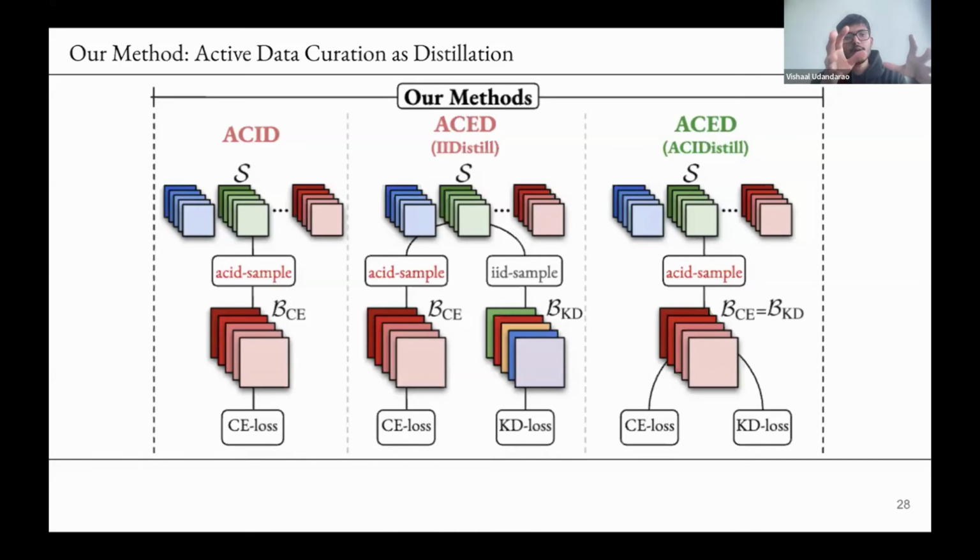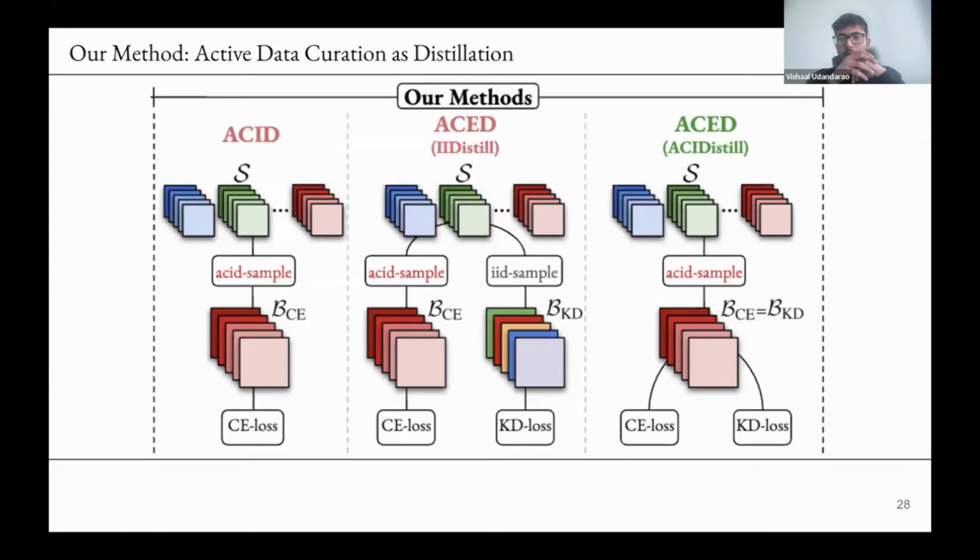So in the ACID method, the only difference is that we apply the teacher in helping us to identify good data samples to curate for the mini batch that we train on, and then we apply a simple contrastive loss, right? Now, when you actually add back the distillation objective into ACID, we do have 2 ways of doing that, right?